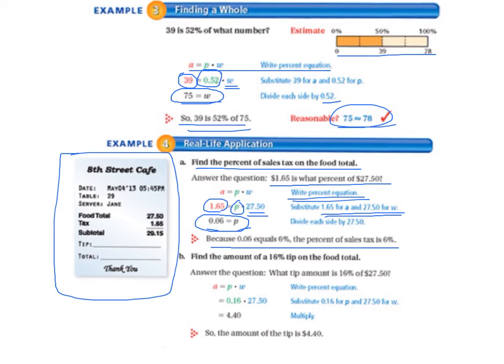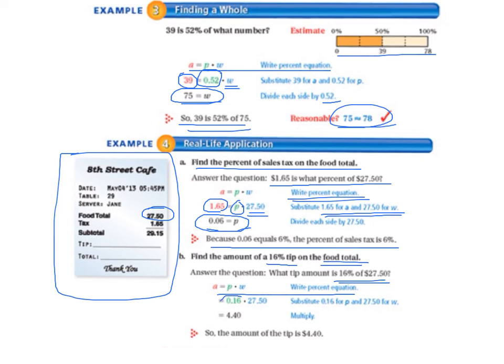Letter B asks us to find the amount of a 16% tip on the food total. So we're just finding a tip on the $27.50. So it says, answer the question, what tip amount is 16% of $27.50? So again, we start by writing the equation.